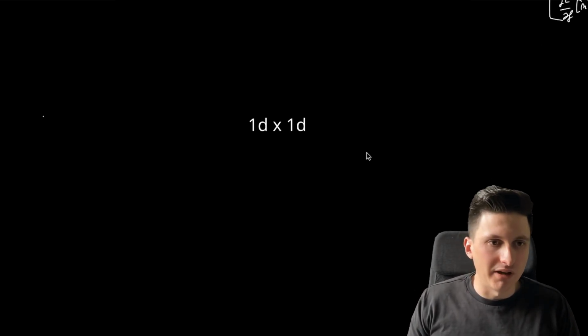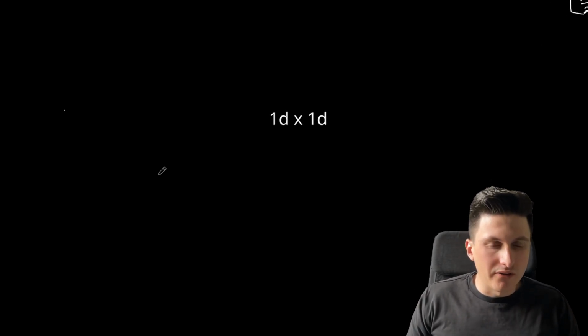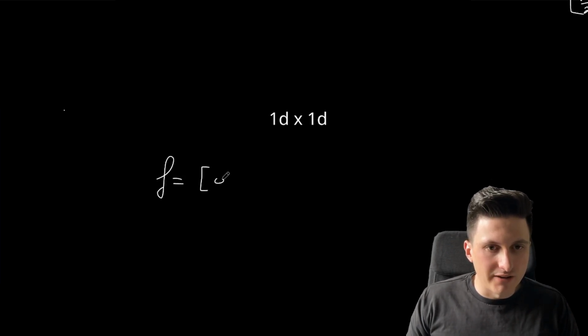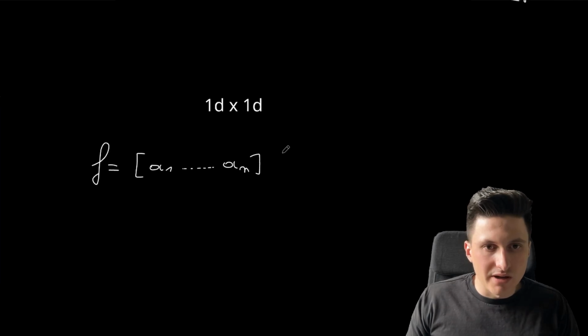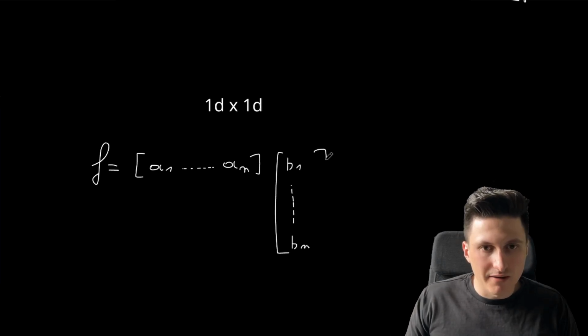So in the 1D times 1D case, what do we have right here? It's for example like this. We have a tensor A up to element n, and we are multiplying it with a tensor B up to element n.